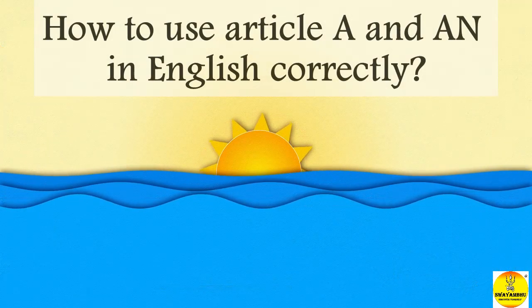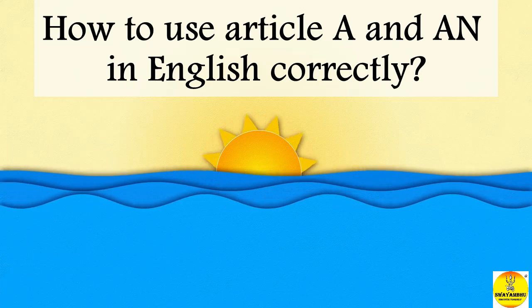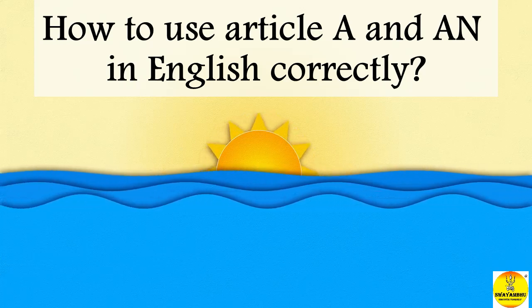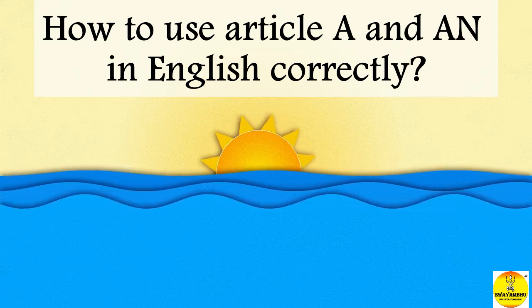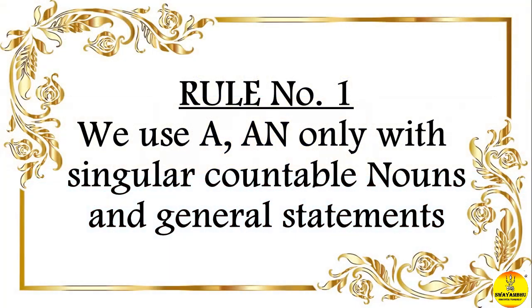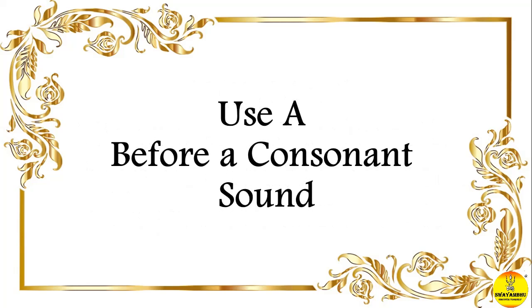Now, let's take a look at how to use articles a and an in English correctly. Rule number 1. We use a and an only with singular, countable nouns and general statements. Use a before a consonant sound.